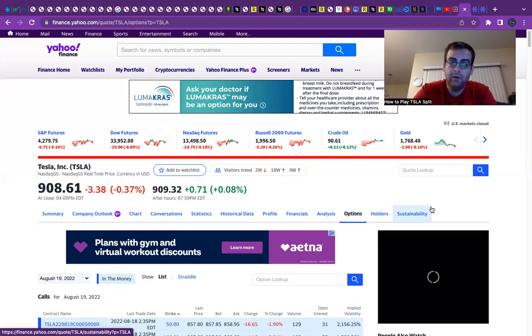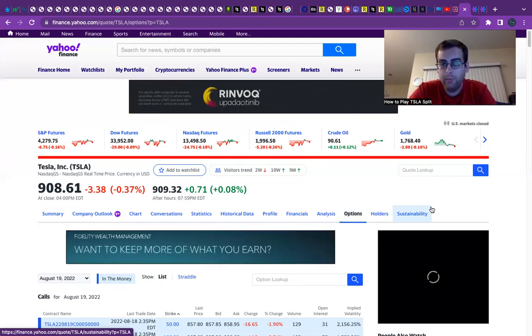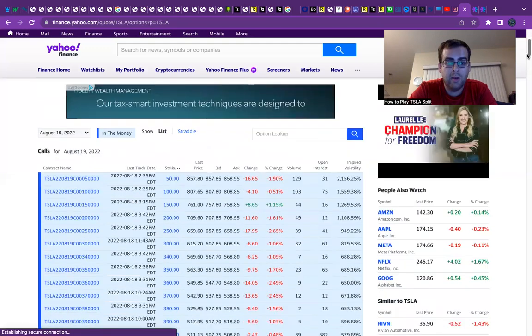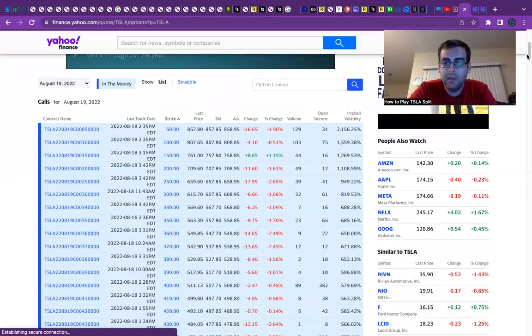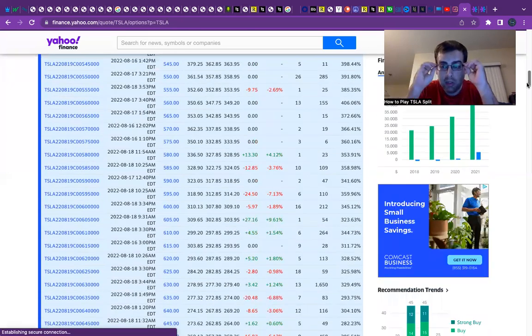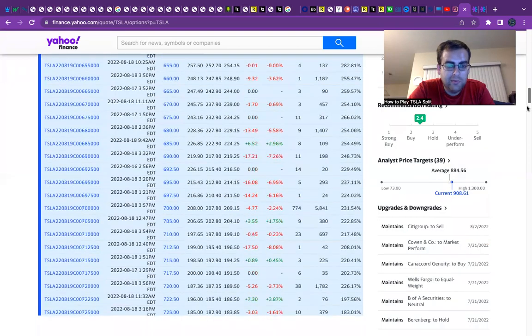I'm looking to do a LEAP, which is far out. A LEAP is actually going to cost you a lot more than a more short-term one. If you were to buy options expiring tomorrow, you would get in really cheap because you've only got one day left, and you're probably not going to make money with them expiring so soon.